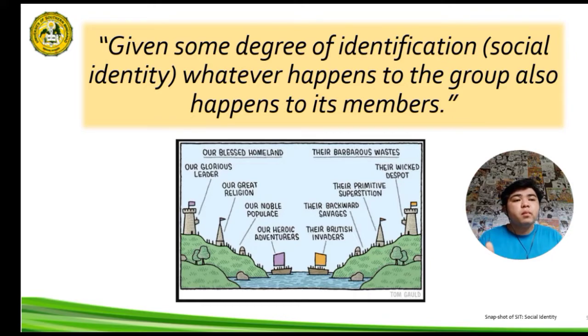We, on the other side, tend to see them as very barbaric and very violent for initiating such a war against Ukraine. We tend to see not just the group as having that negative trait, but also every member of the group, every one in the Russian community. What happens to the group directly affects its members or the views or images of its members.